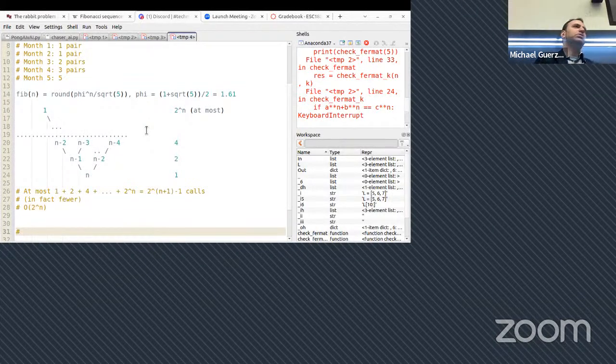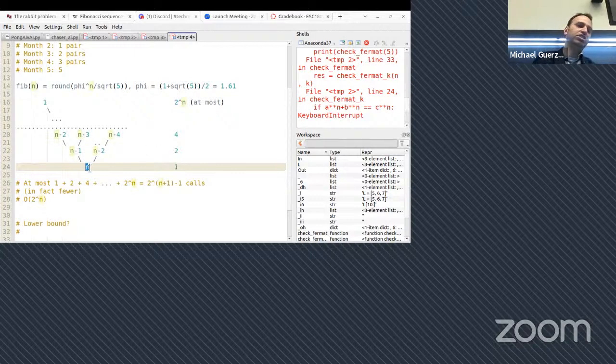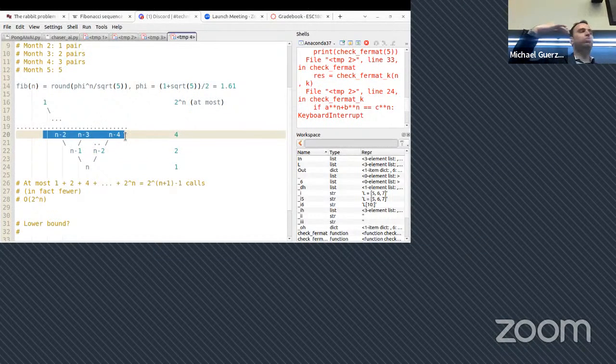So now we're going to do something that's usually not done and ask, what is the lower bound? What we can say is, let's just count the levels where it's definitely 2 to the k. So here it's 2 to the 0, here it's 2 to the 1, here it's 2 to the 2, and so on. If we go just n over 2 levels, then all the levels are full.